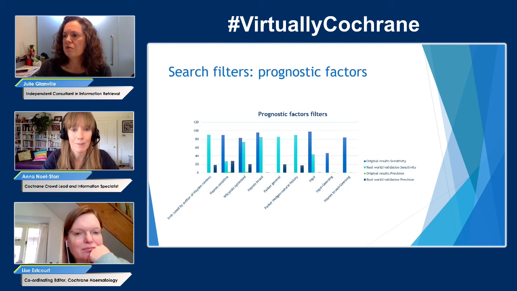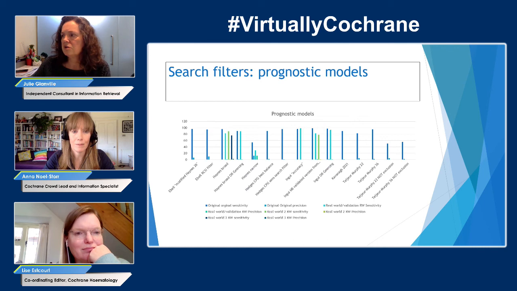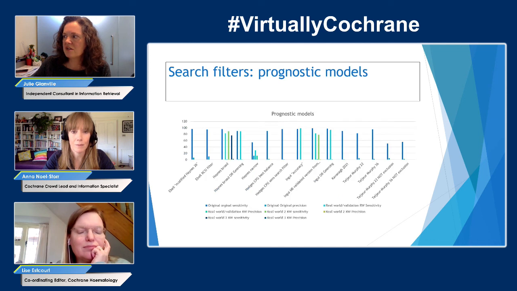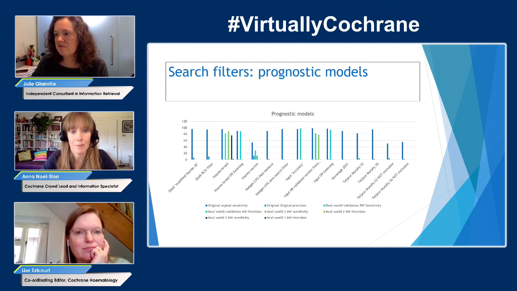So with all of these filters, there is a drop-off when they're used in the real world. So the previous one was for prognostic factor studies. This is performance of filters for prognostic models. And again, you can see the Haynes Broad one, the third one along, where sensitivity drops off in validations.